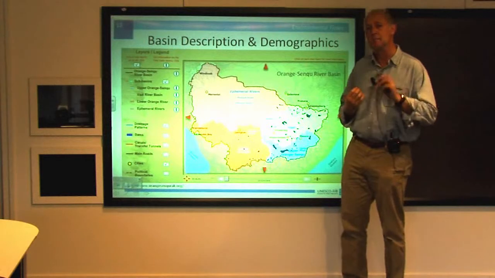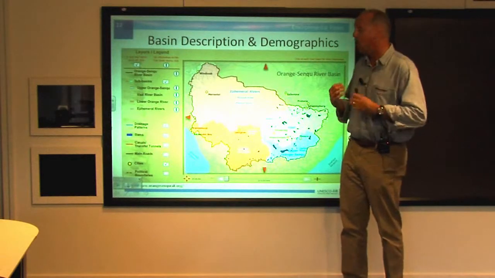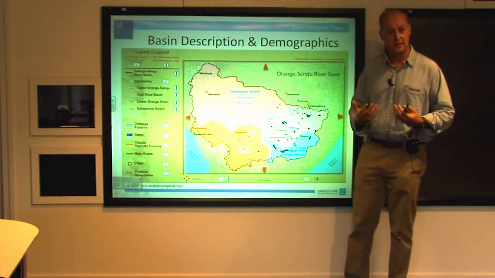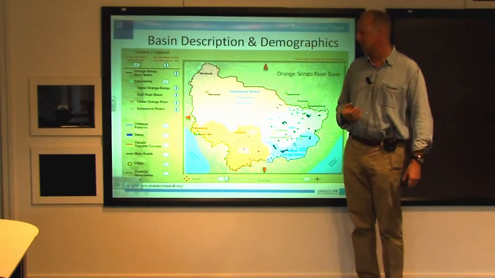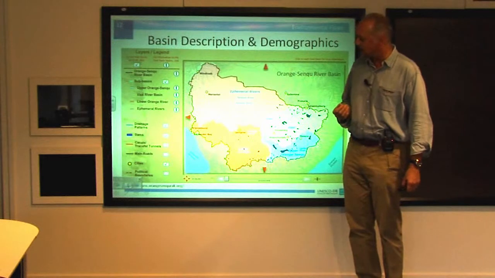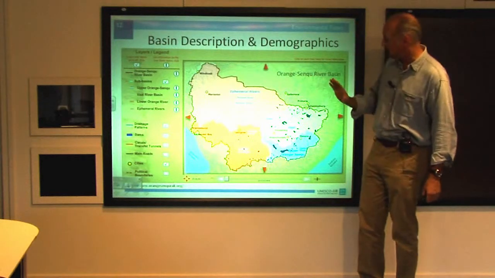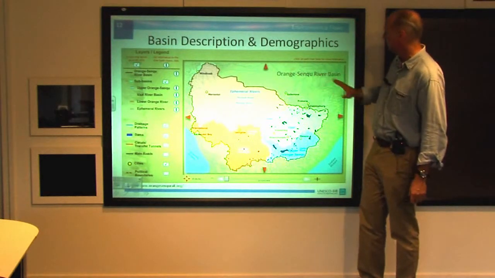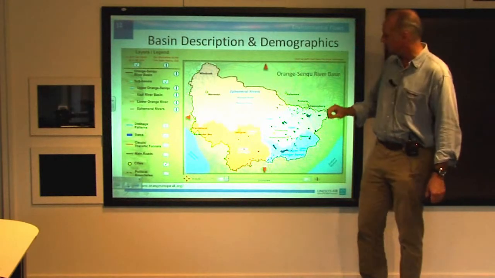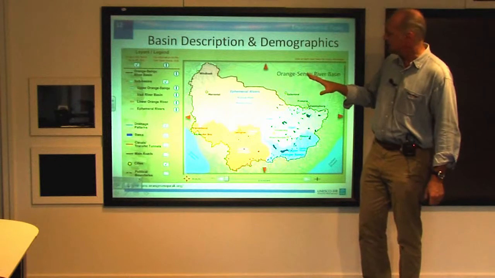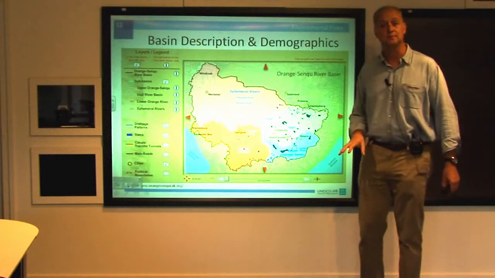I mentioned earlier that maps are an important way of presenting information. And so I'm going to show you a number of maps, and we'll move through them relatively quickly. But they're primarily maps of the Orange Senqu River Basin in southern Africa. It incorporates South Africa itself, Namibia, Botswana, Lesotho.